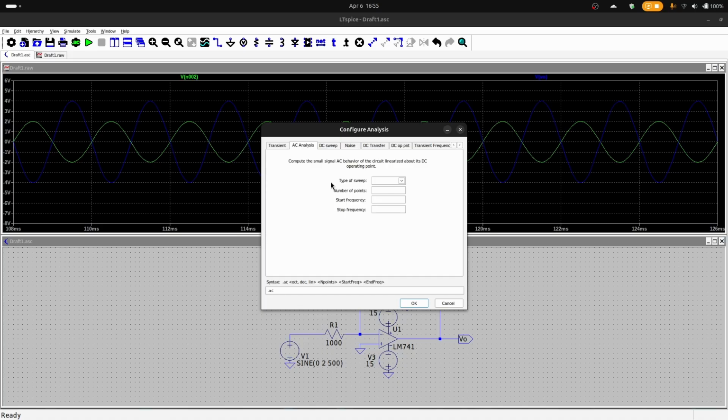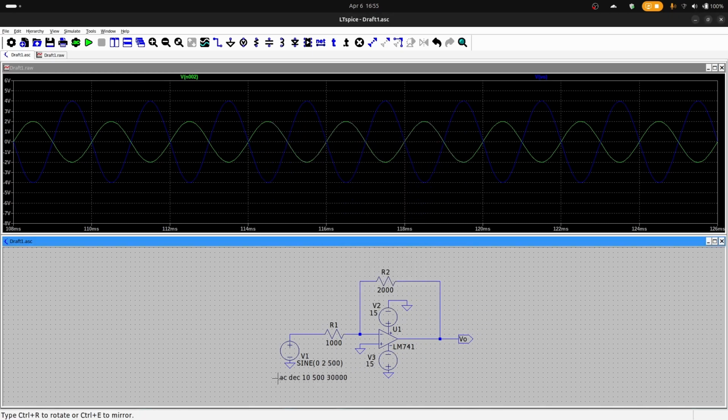Then select the sweep type, set it to decades, set number of points to 10, start frequency you can set around 500 and stop frequency you can set around 30 kilohertz. This is totally up to you. Paste it anywhere and start.